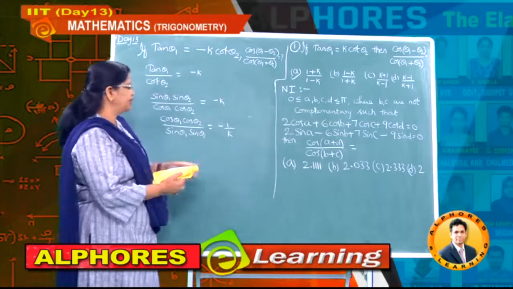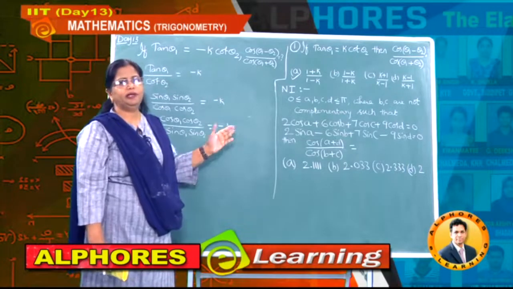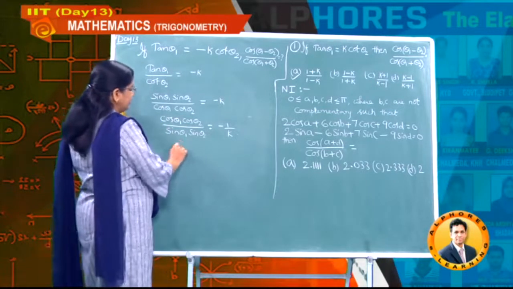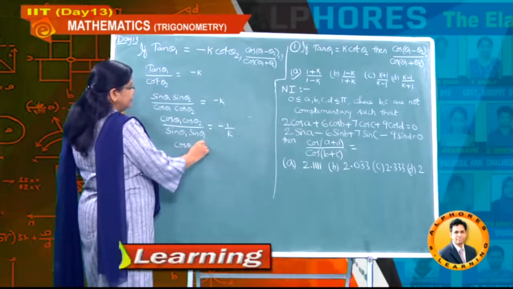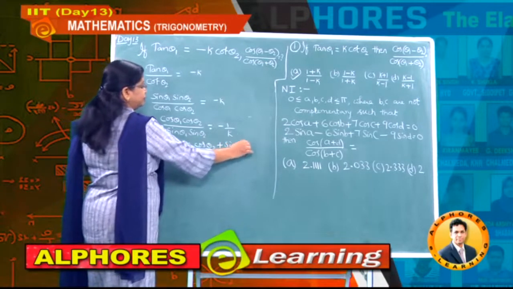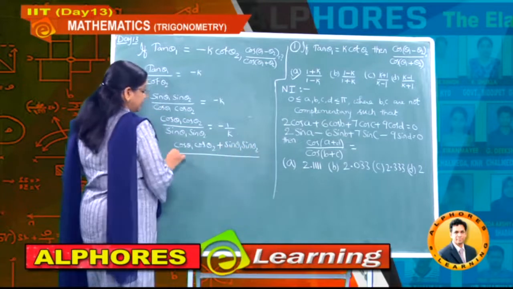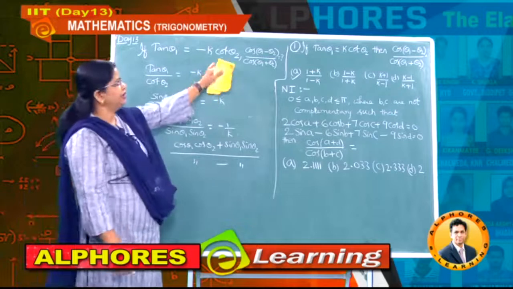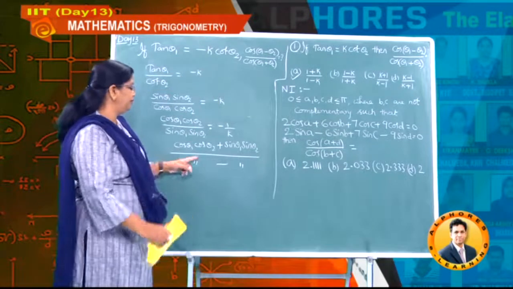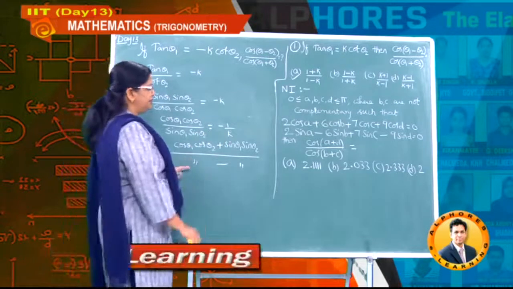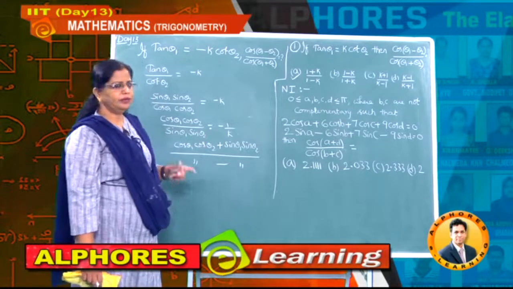So students, now I am going to use the componendo dividendo property. Then numerator plus denominator, that is cos theta 1 cos theta 2 plus sin theta 1 sin theta 2, by numerator minus denominator. So you get the LHS, no problem at all. Now what about minus 1 by k while using componendo dividendo?